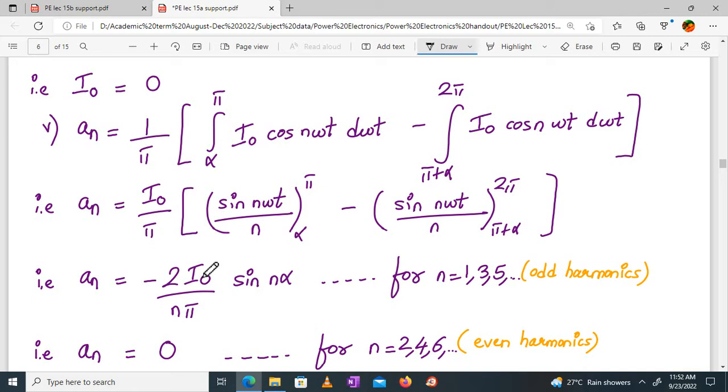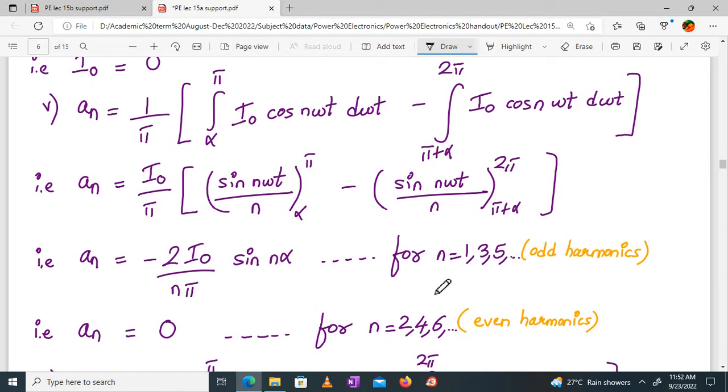And then an is equal to minus 2 I naught divided by n pi into sine n alpha, where n is 1, 3, 5. If you solve this, you will get this. It's not expected that much.